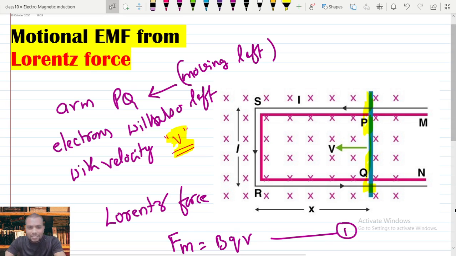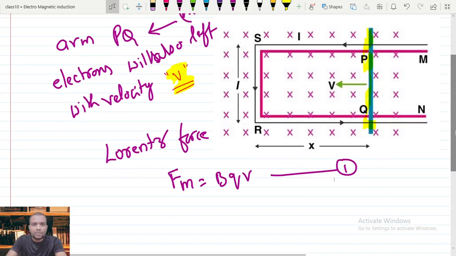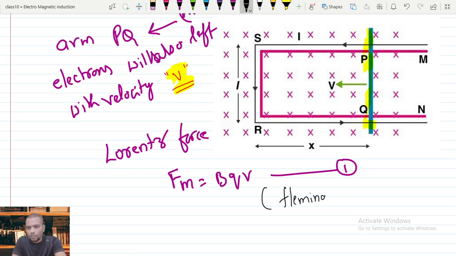To find the direction of this force, since it is a charge, we will use Fleming's left hand rule. Don't be confused between Fleming's right hand rule and Fleming's left hand rule. Fleming's left hand rule is used to find the force for charges, but Fleming's right hand rule is used to find the induced current for a conducting rod or conducting material.